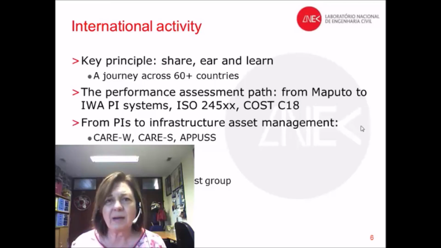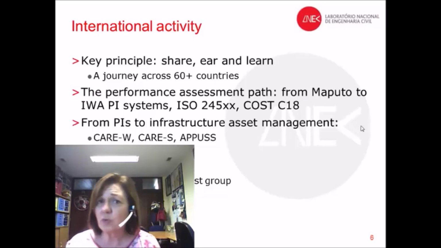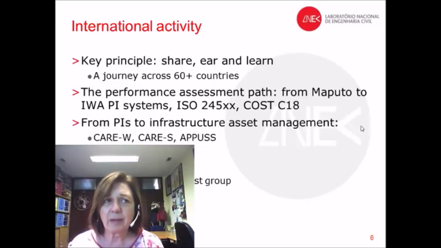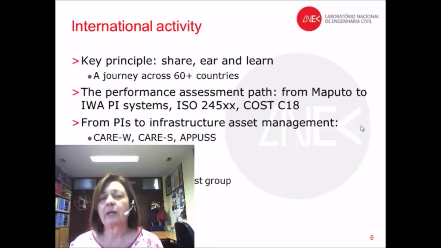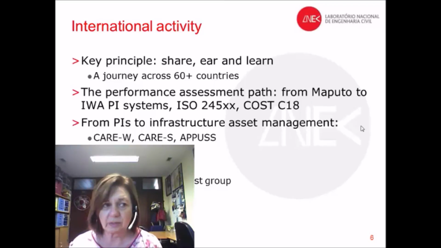We really love to share, because we believe that by sharing, others may benefit, but at the end of the day, we also benefit much more than keeping ourselves in our own office, doors closed, secret, not to share, to hide from our neighbor. So open doors, sharing, hearing, and learning. This is really the key principle of our work, nationally and internationally.